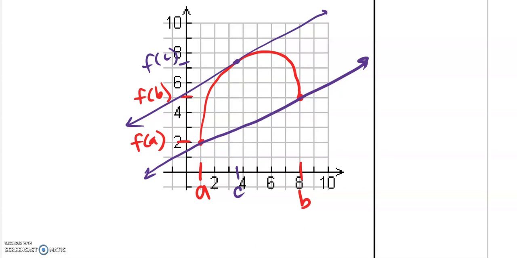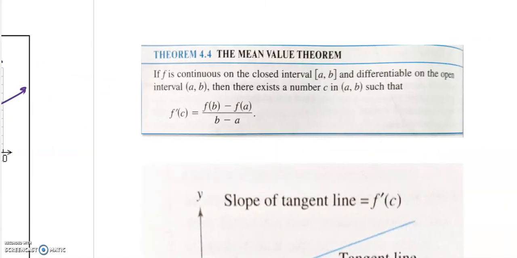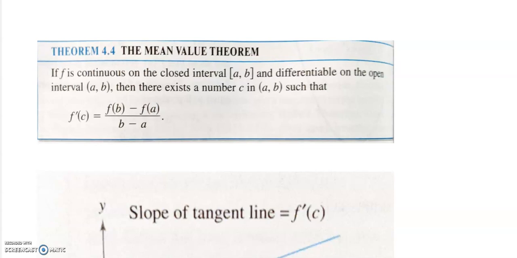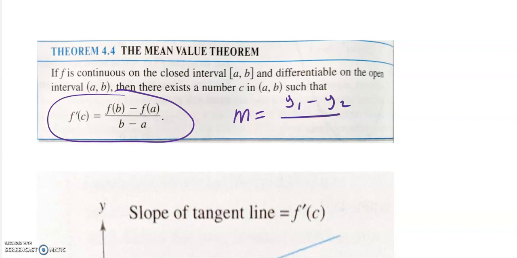So that's what the mean value theorem is saying. It's very similar to Rolle's theorem, except now f of a does not have to equal f of b, and your slopes do not have to be 0. So go ahead and copy down this definition. Again, it has to be continuous. That's extremely important. And this should look very familiar because this is the old school equation going back to pre-algebra and algebra 1, where you would have y sub 1 minus y sub 2 all over x sub 1 minus x sub 2.